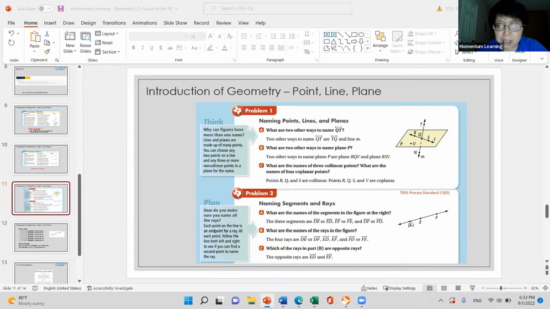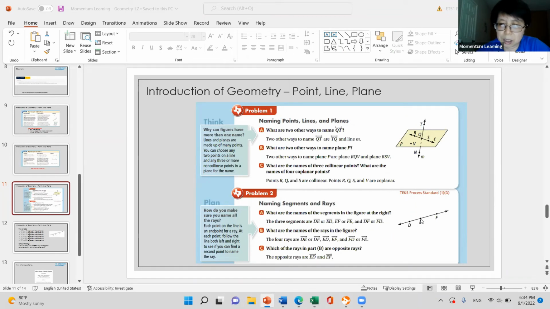So can I say line DE? Yes, very good. You can use any combination of the three letters: line DE, line DF, line ED, line FD, line FE. Because the line has no direction, you only need two different points on this line.